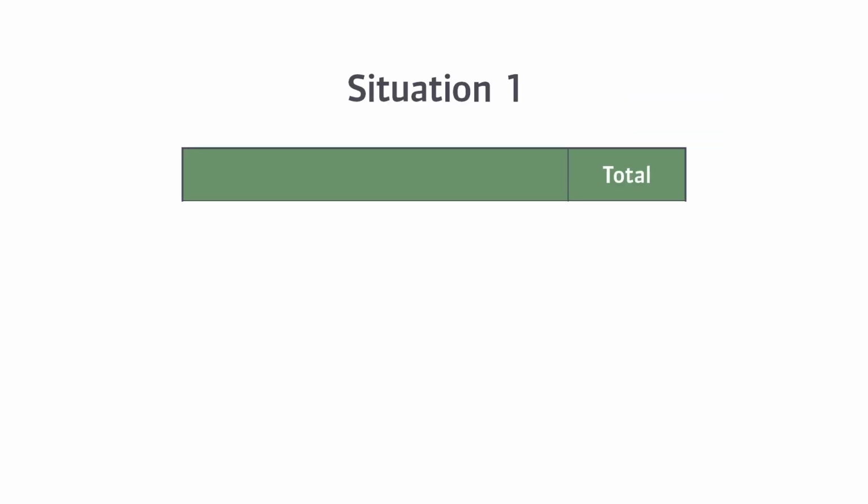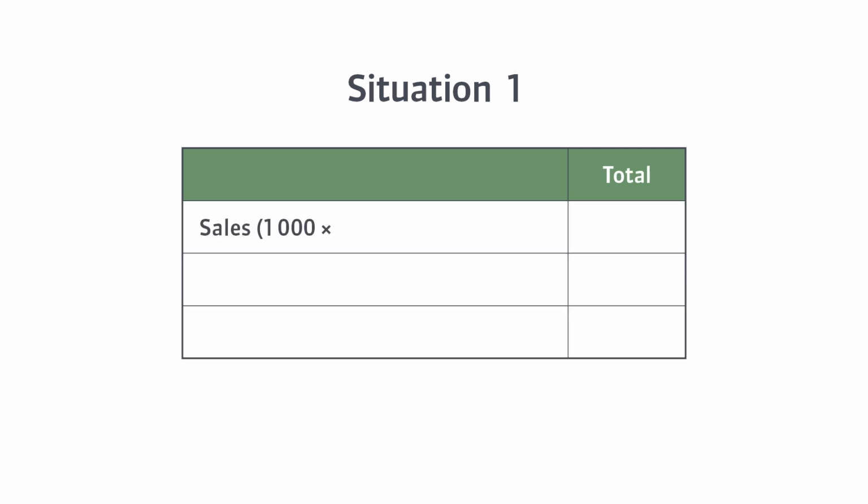Let me show you an example. I will present three situations. They will differ only by the size of sales. Situation number one. Suppose we sell 1000 units of something, like souvenirs. The price of one unit is $1, and its unit cost is 40 cents.